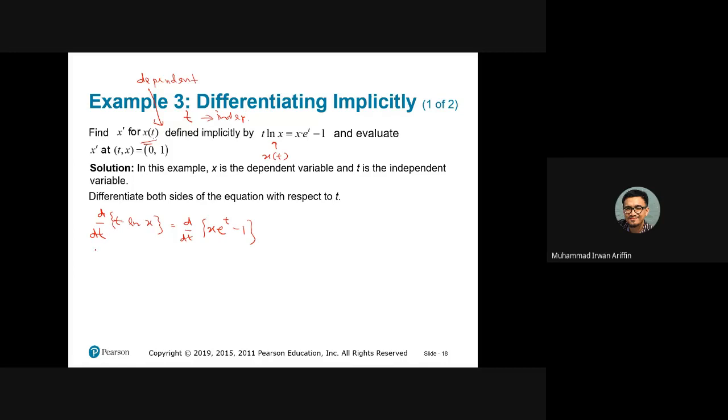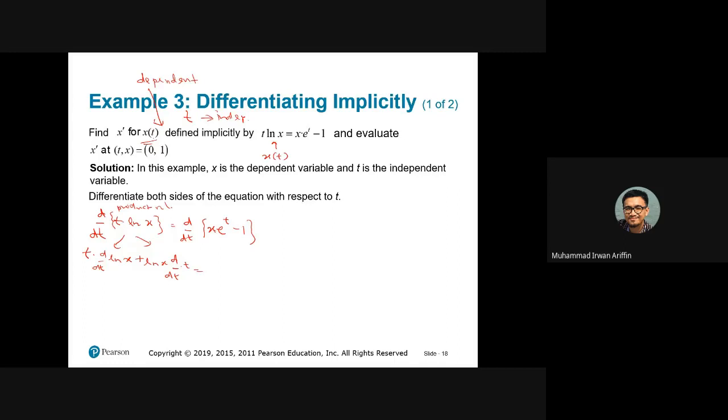So we're going to have to do this one by one. So t d/dt natural log of x plus natural log of x d/dt t. This is how we expand. We apply the product rule. What about this?